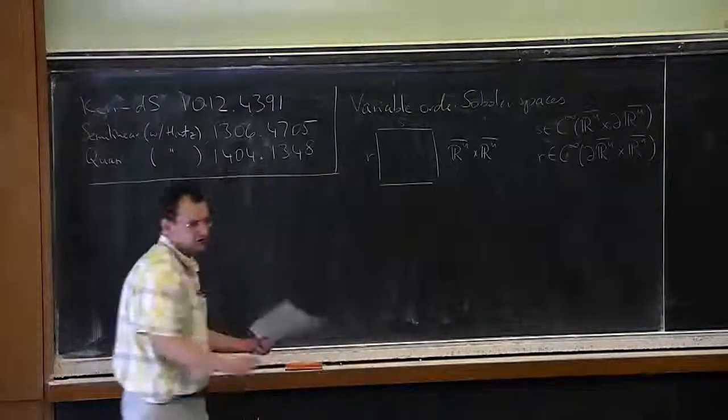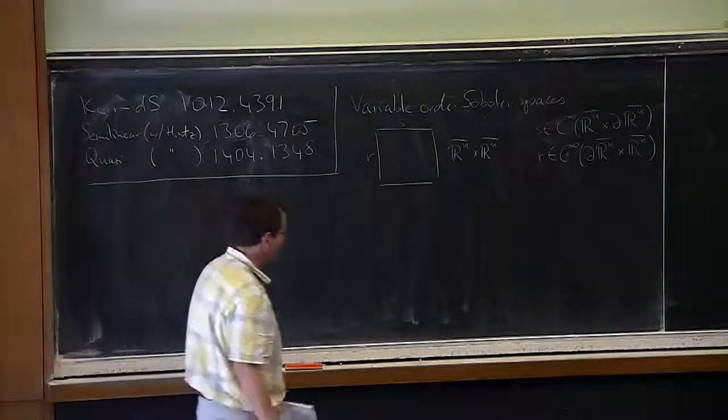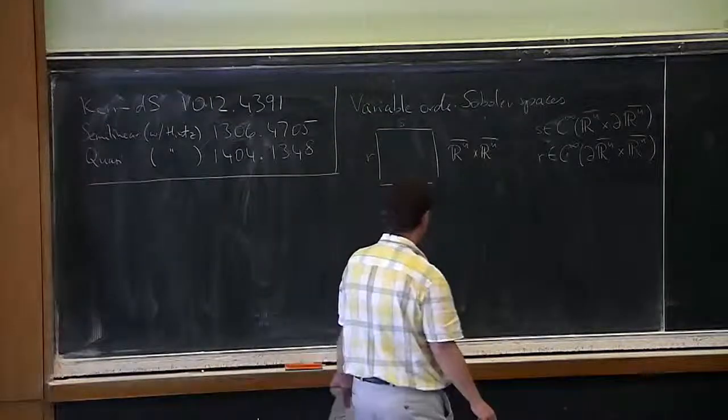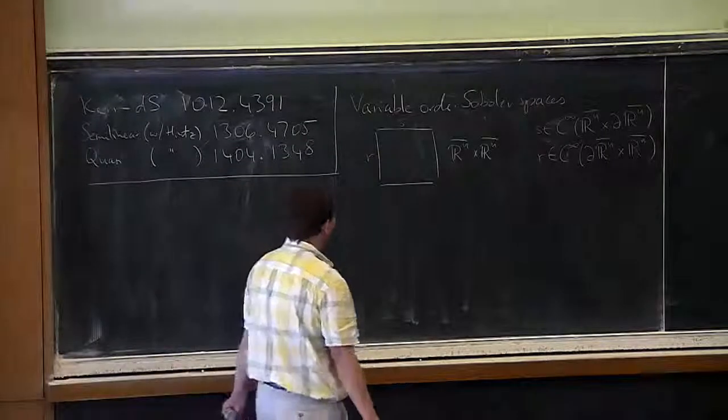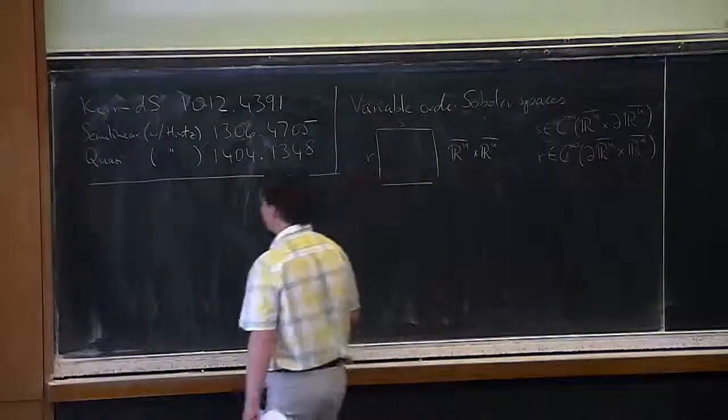But also take some arbitrary smooth extensions and think of them as defined on the whole space whenever I feel like it. And so now, what is the space H^{s,r}?